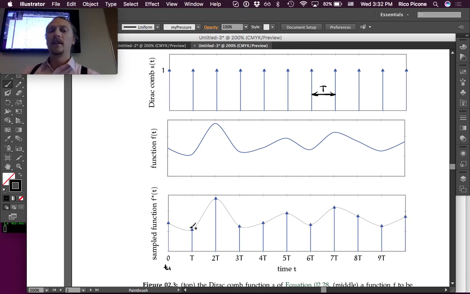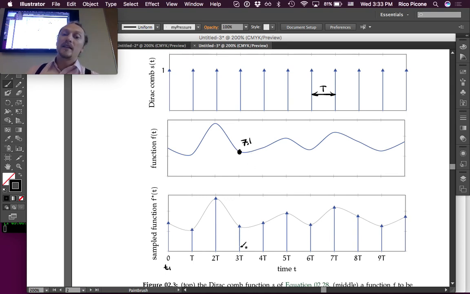And so then the function values, so let's say, for instance, that this point right here on f of t was equal to 7.1. Okay? 7.1 was what f of t evaluates to at 3t.